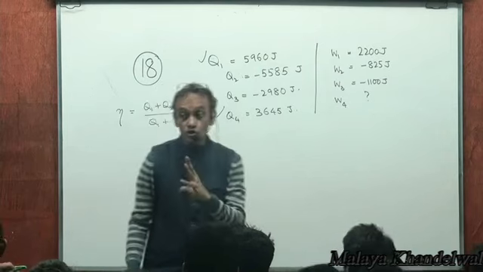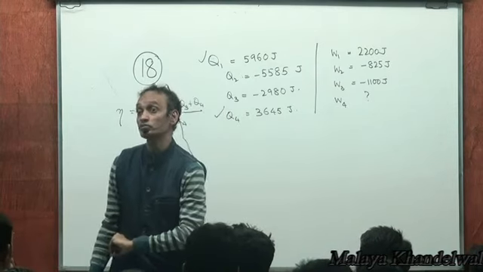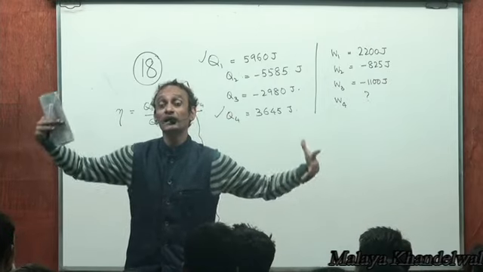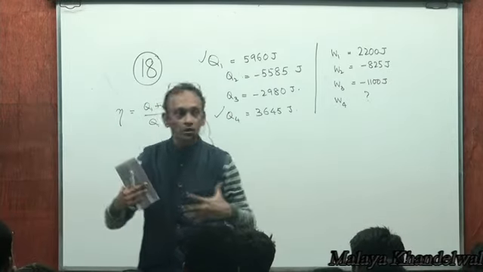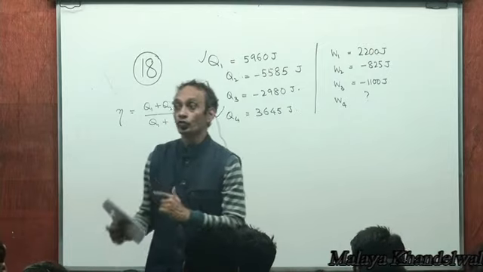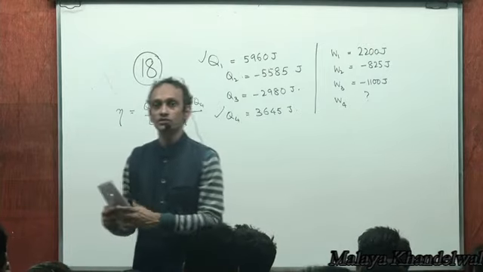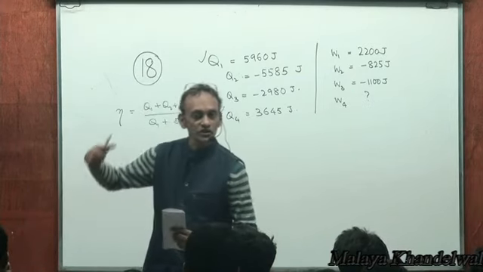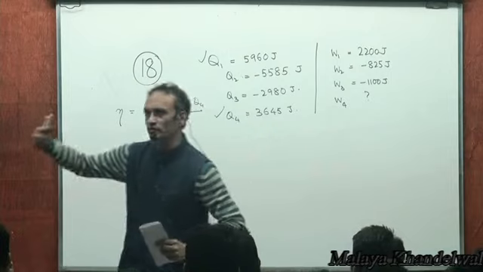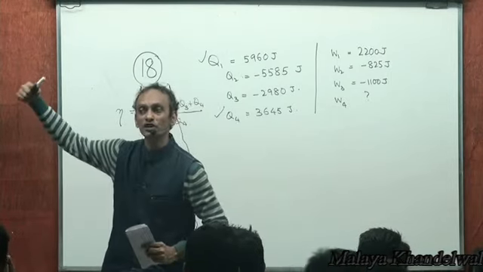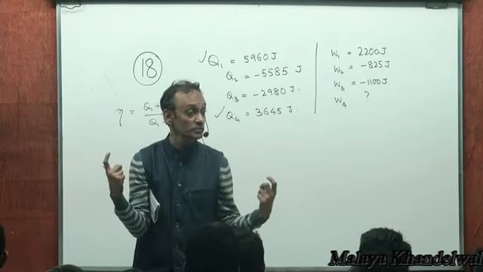But that is not the eventual work output that will get harnessed. This output coming straight out of the cycle has to be further processed. Let's say a car engine produces this output. In order for it to reach the wheels, there are transmissions in between.